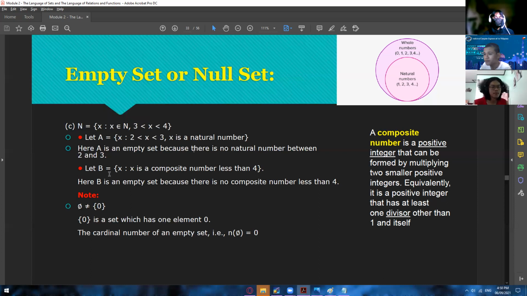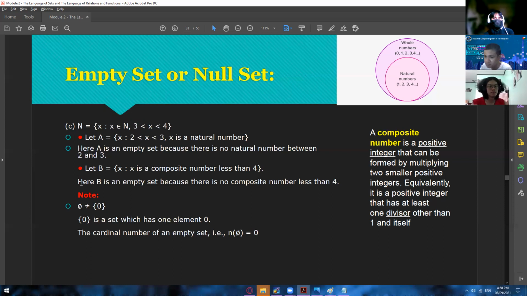Okay. And then for the letter B, let B be equal to x is a composite number less than 4. If you don't know what a composite number is, I have the definition here. A composite number is a positive integer that can be formed by multiplying two smaller positive integers. Equivalently, it is a positive integer that has at least one divisor other than 1 and itself.